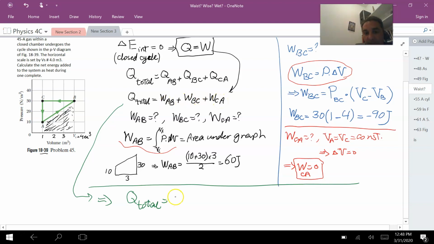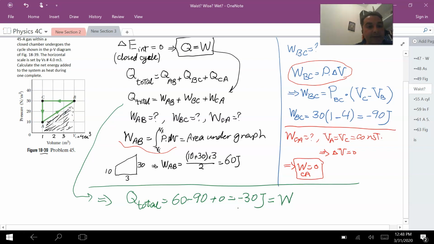So it will be 60 minus 90 plus 0. The answer is negative 30 joules. So this is the same as what? Work done on the system or work done by the system. This is negative 30 joules.